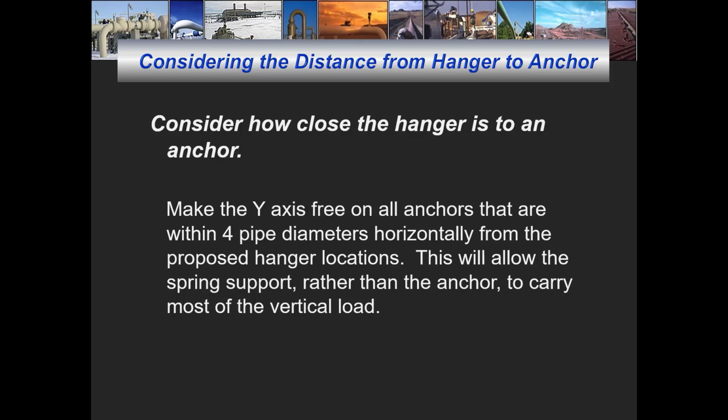Now, through lots of testing, AAA Technology, now Piping Solutions, determined quite a while back that 4 pipe diameters horizontally away or less will put all the load on the anchor. Now, if it's greater than 4 pipe diameters away horizontally, then your spring hanger can be sized properly.